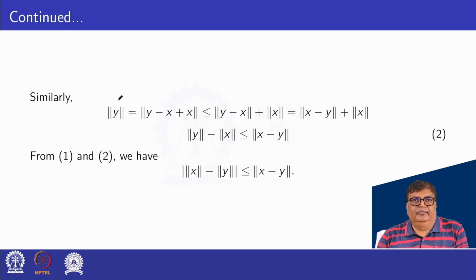Similarly, norm y can be written as norm of y minus x plus x, that is less than or equal to norm of y minus x plus norm x. Norm x minus y is the same as norm y minus x. So norm y minus norm x is less than or equal to norm x minus y.